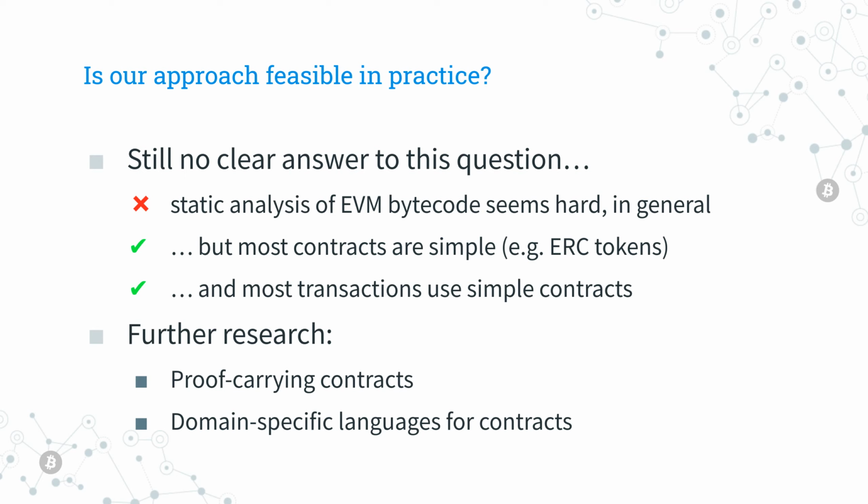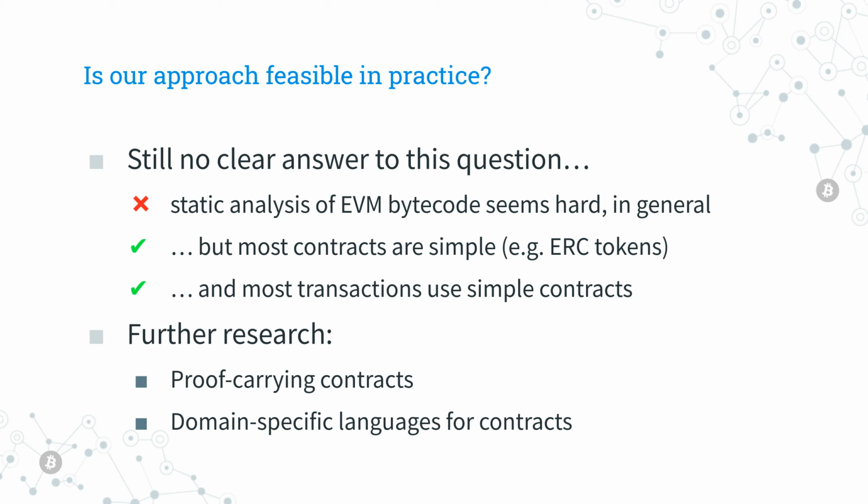Despite this, there is a point which makes me moderately optimistic. The fact is that a substantial amount of transactions in Ethereum operate on very simple contracts, like tokens. These contracts have a rigid structure which can be exploited to improve the precision of a static analysis.